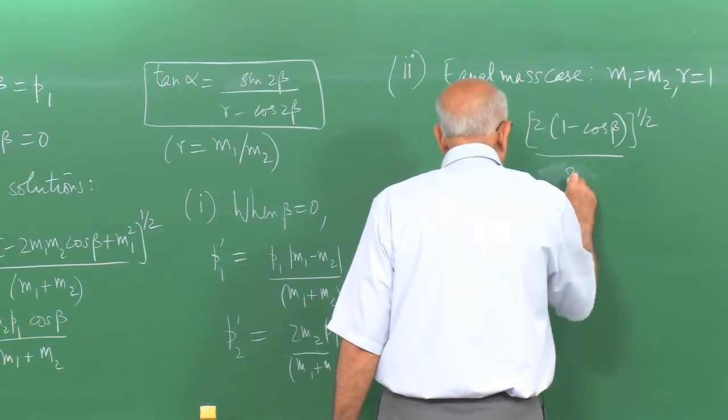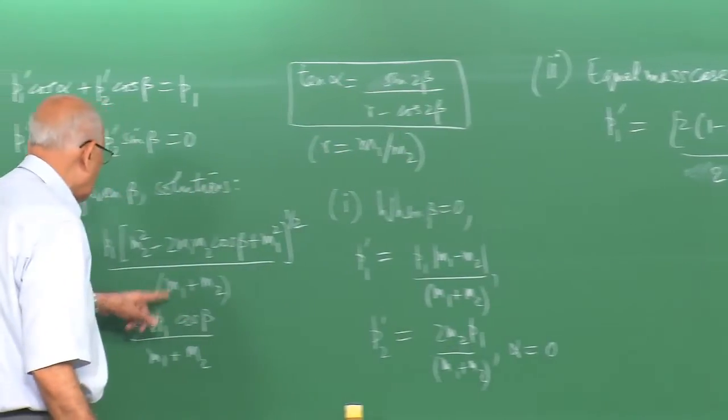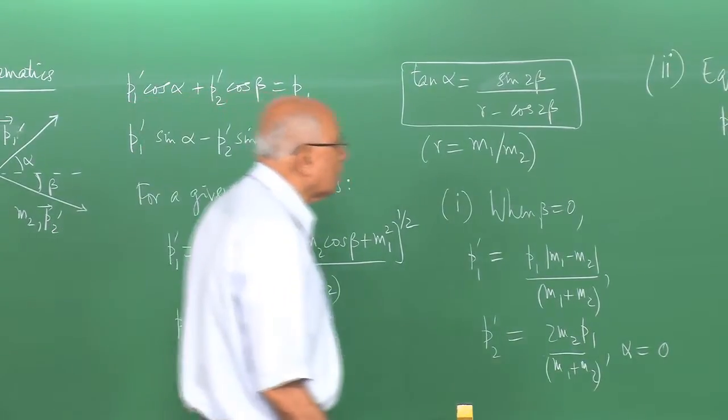Well, the m's go away, so there's just a 2 because the mass has been taken out common and cancelled against the numerator, and you have a 2 here.